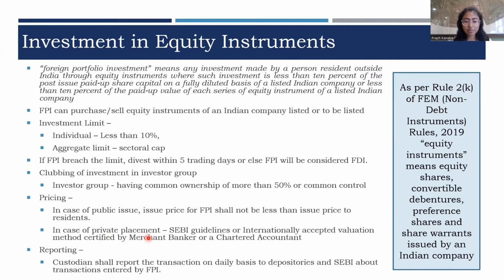In case of private placement, the company will be required to comply with the SEBI guidelines relating to pricing, or the pricing should be as per the internationally accepted valuation method certified by a merchant banker or a chartered accountant. And as discussed, the custodians will keep track of and report the transactions by FPIs on a daily basis to the depositories, that is, depository participants, DDPs, and the SEBI.